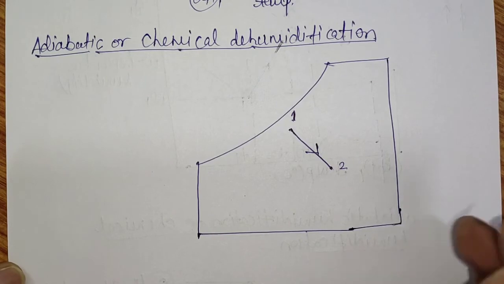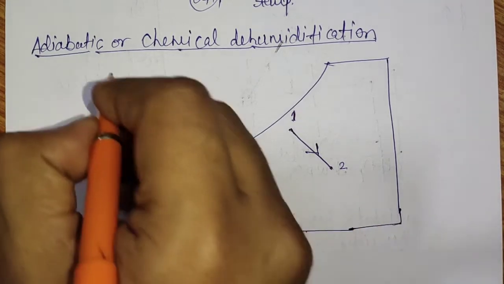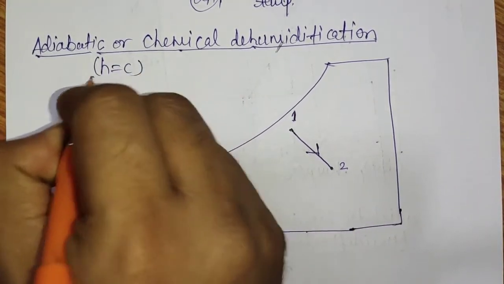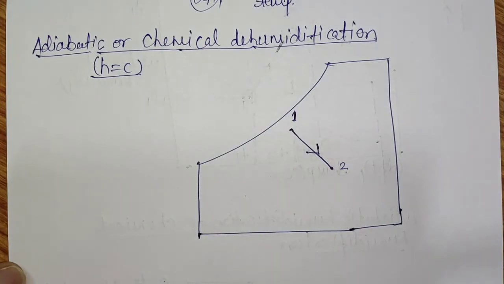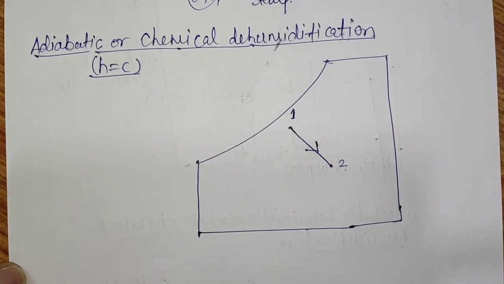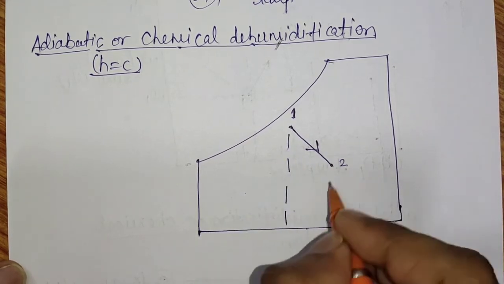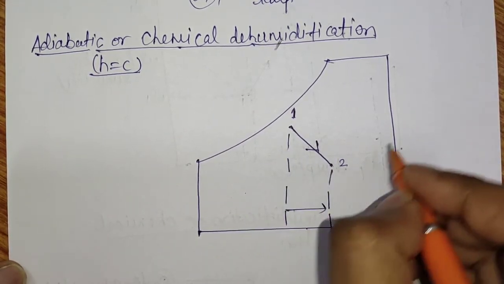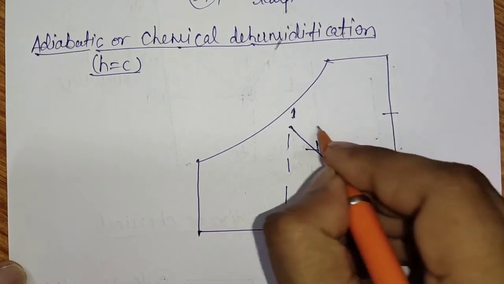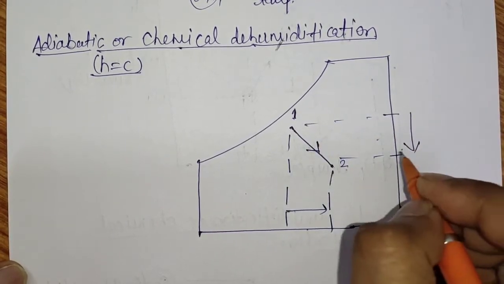In this process also, the enthalpy of the moisture remains constant. That is the definition of adiabatic or chemical dehumidification. If we talk about the dry bulb temperature, it is increasing. The specific humidity is decreasing.